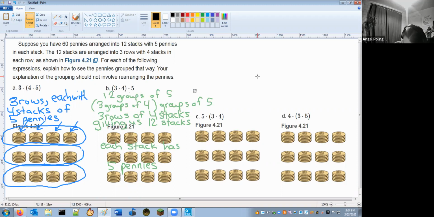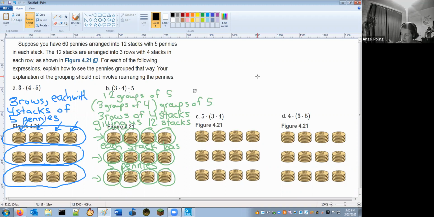Okay, so this one here is a little harder to circle just because we're going to have 12 groups. I don't know if they ever meant for us to circle them, but we have 12 groups. The groups themselves being made of these rows and columns type of thing. Okay, so let's look at 5 times 3 times 4.